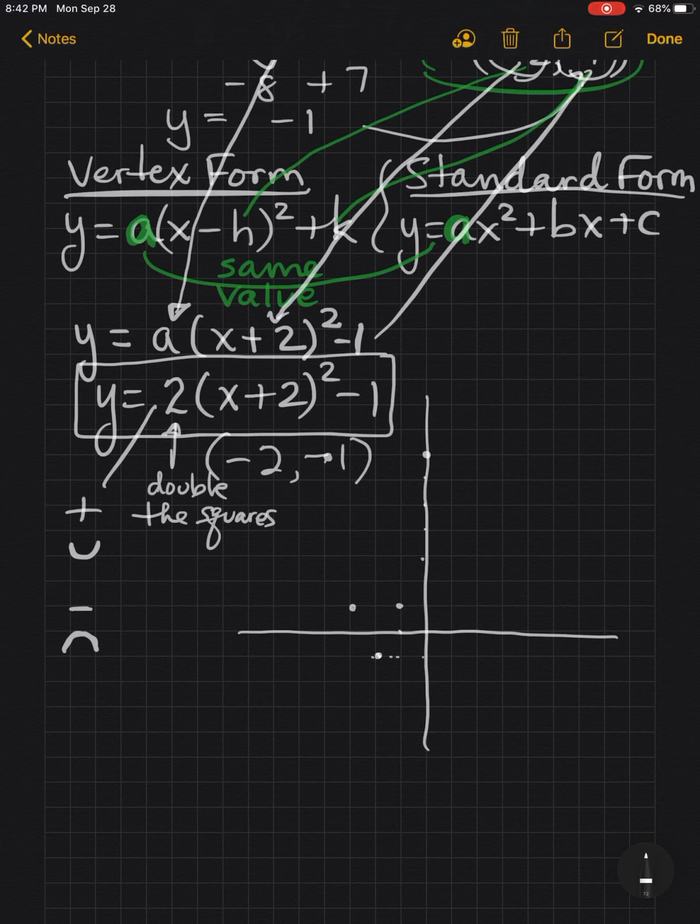Okay, and that's actually enough points for a really good parabola. Nice and round. Okay, and notice because that coefficient is a 2, it makes this parabola skinnier than regular parabolas.